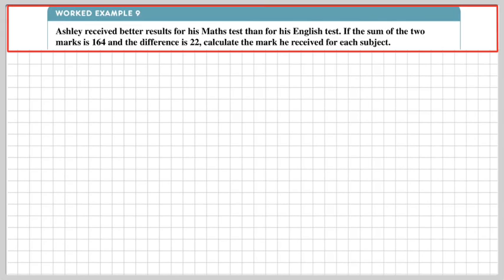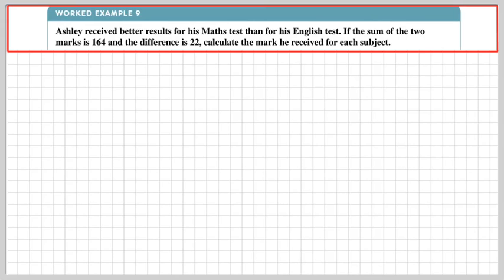Okay, now, what are they asking you for? That is the thing you've got to go to the end of the question and ask. They're asking me for the mark he received for each subject. So that is what you call your variables, your pronumeral names. You've got to think of something to call the mark for maths and something else to call the mark for English.